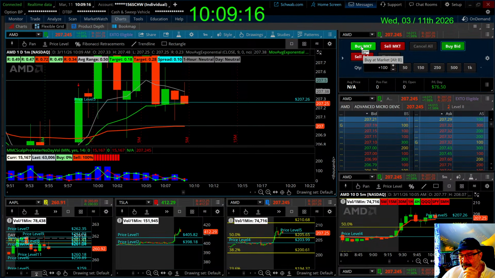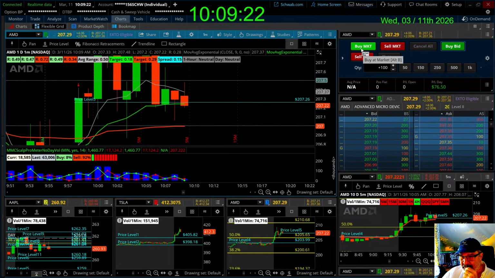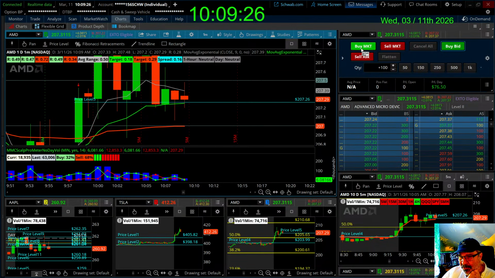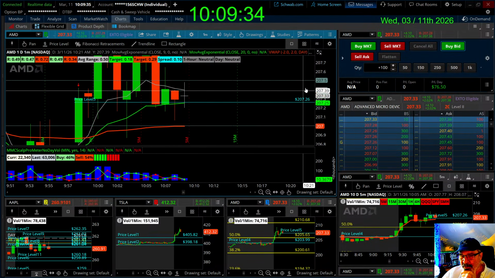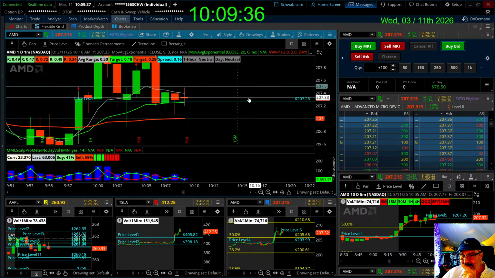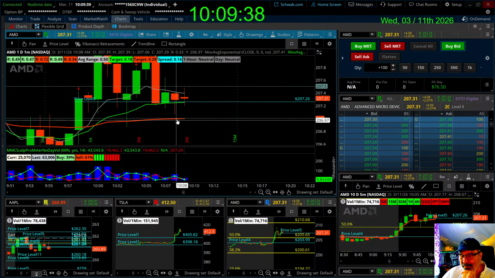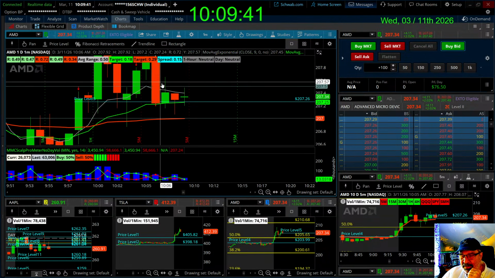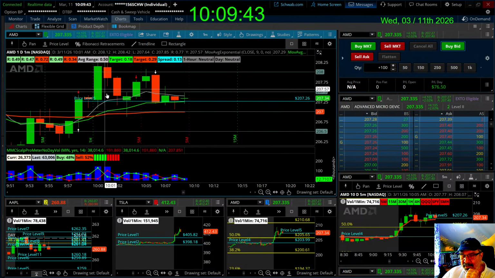This time I will buy market if it dips down there to 207 and hope for the best, just so I get in the trade. I'm looking for it to dip closer to 207 now, the way it's pounding. Before, this was a good enough level, but it keeps wicking lower toward the VWAP. The VWAP's not pulling up as much, so the people that are buying up here aren't adding as many shares.